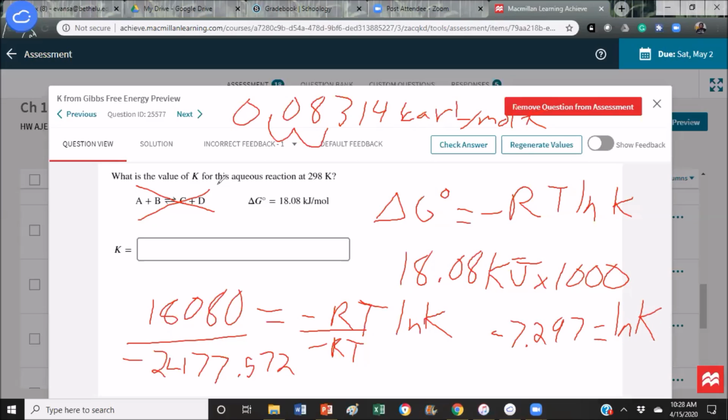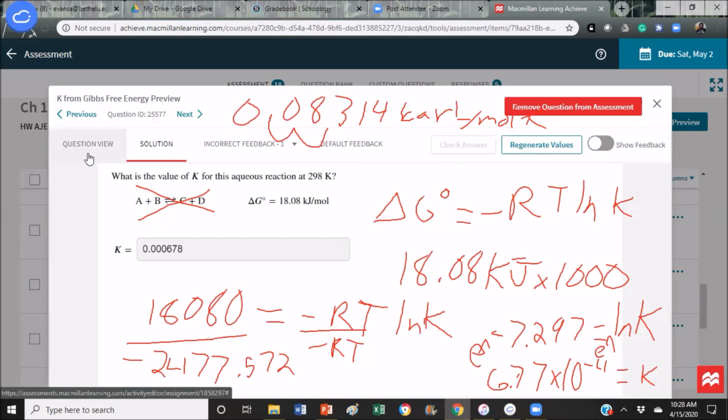And then finally I inverse log both sides. Make sure you have the right sign or you're going to have a very different K. So I do the inverse log of that, and what I get is 6.77 times 10 to the negative 4th equals my K. So that right there is the answer for this one.